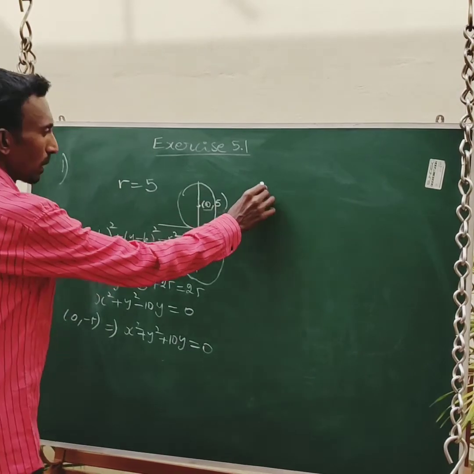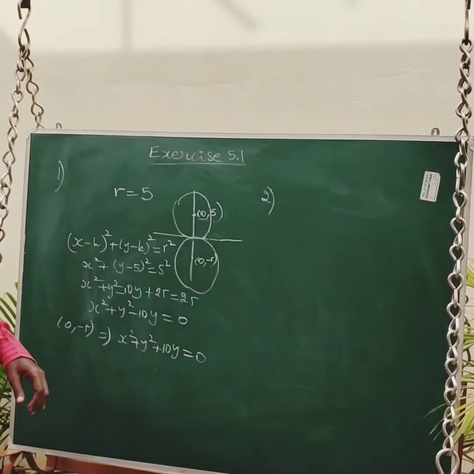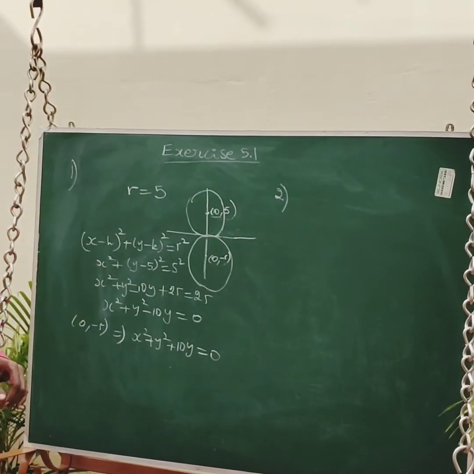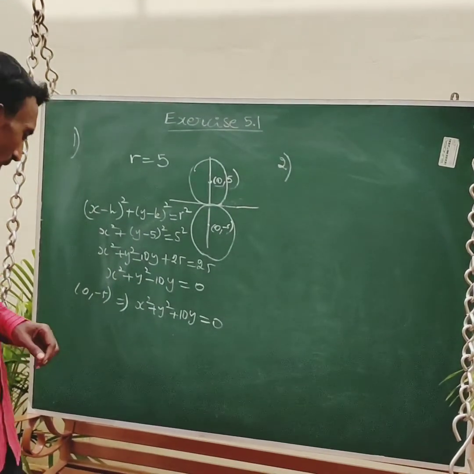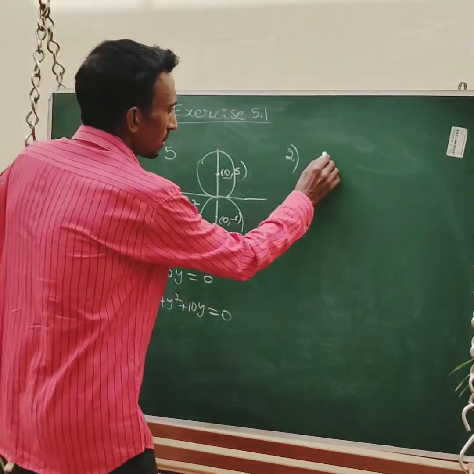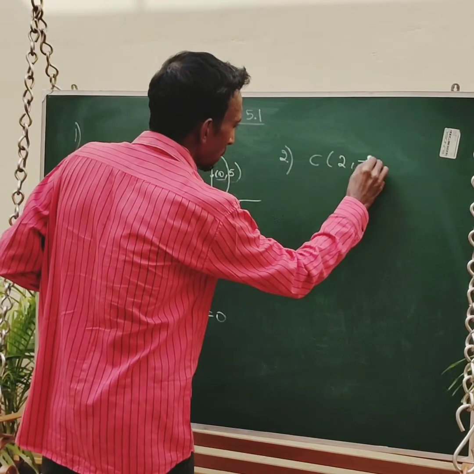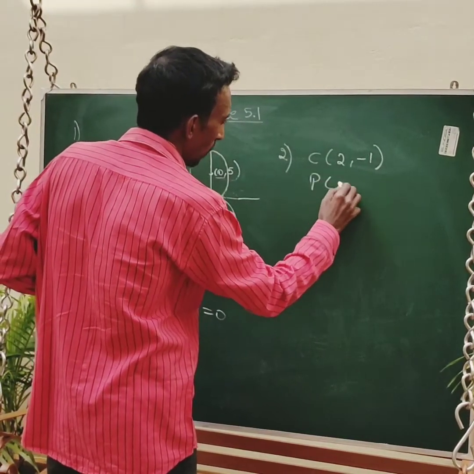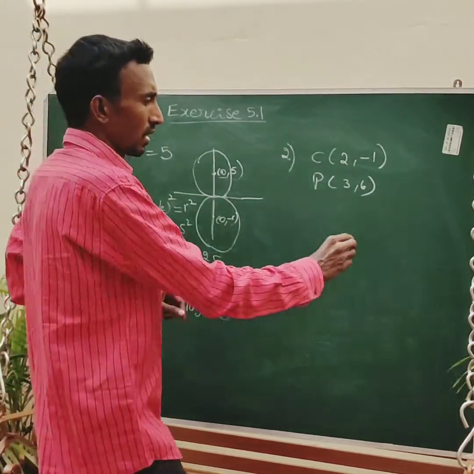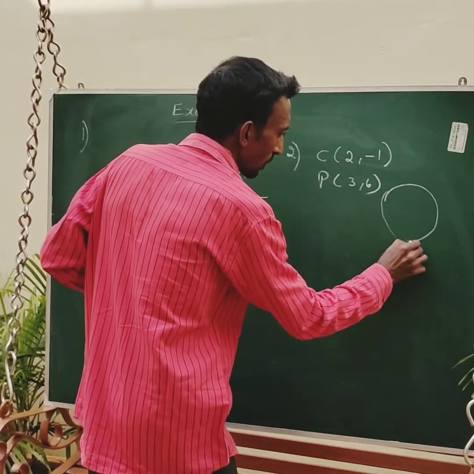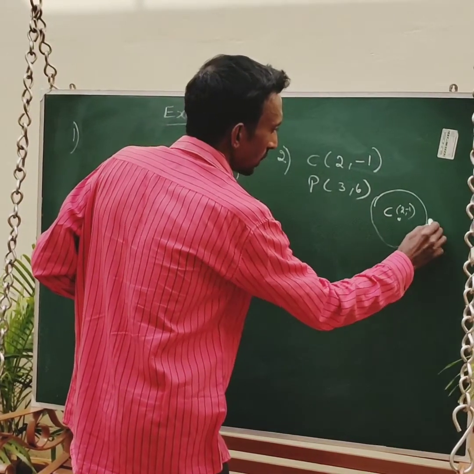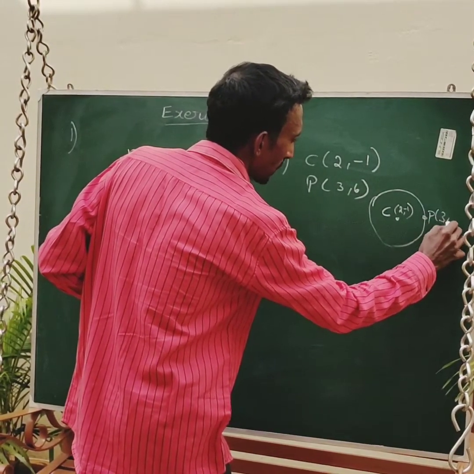Question number 2. Find the equation of the circle with center 2, -1 and passing through the point 3, 6. Again draw a circle, with this center 2, -1 and this moving point 3, 6.